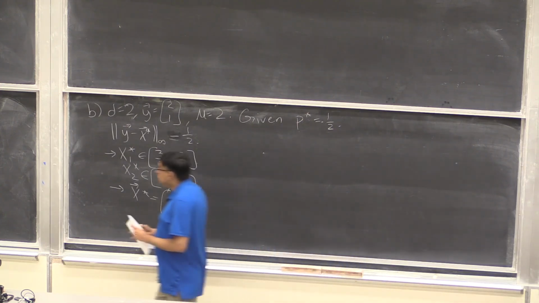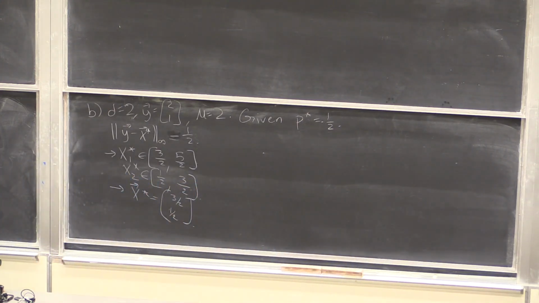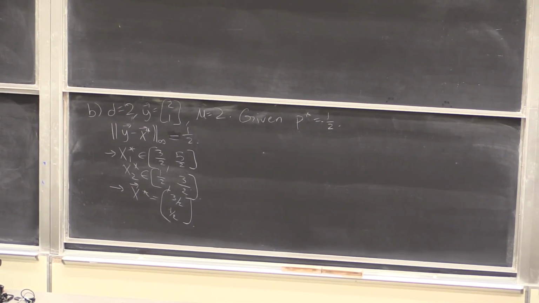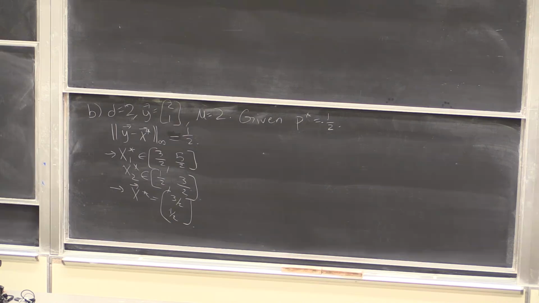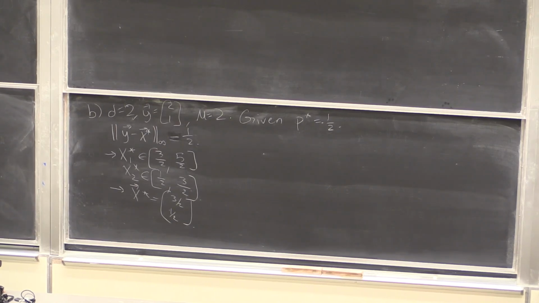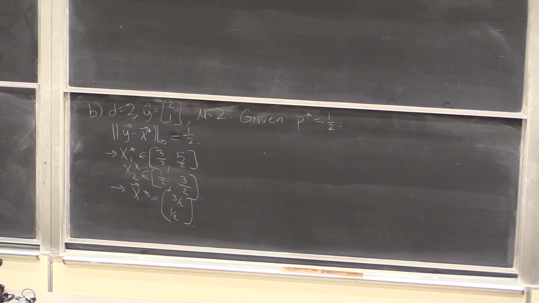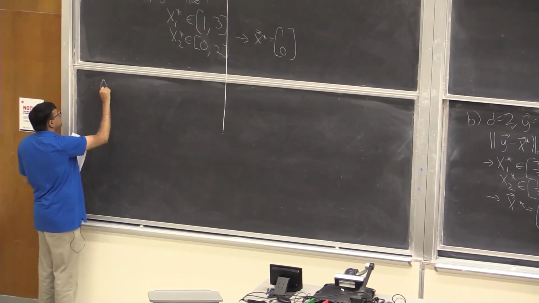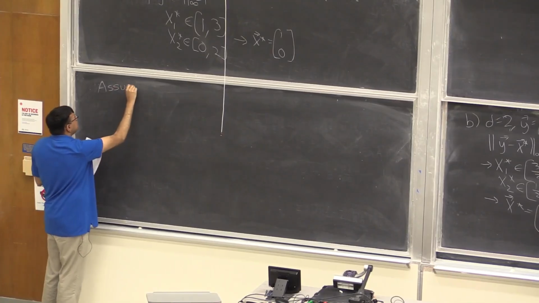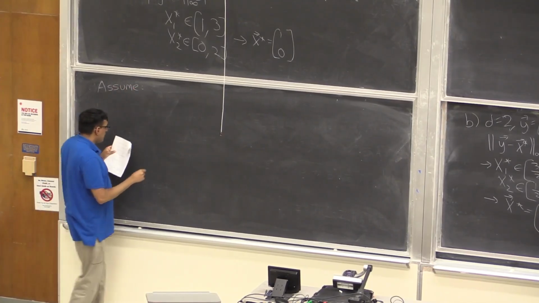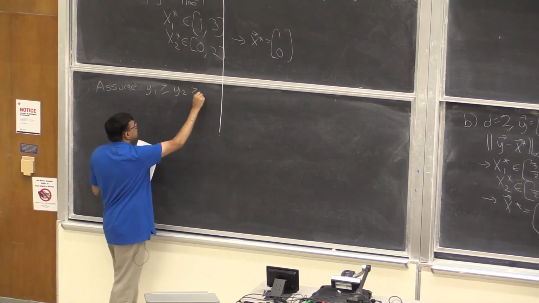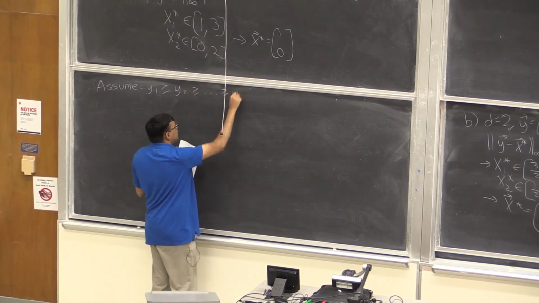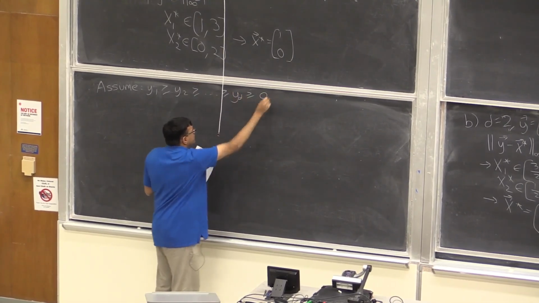So now we're no longer dealing with examples. Let's just do the full problem. In this one, we're just given assumptions that y1 is greater than or equal to y2, greater than or equal to all the way to yd, and they're all non-negative.